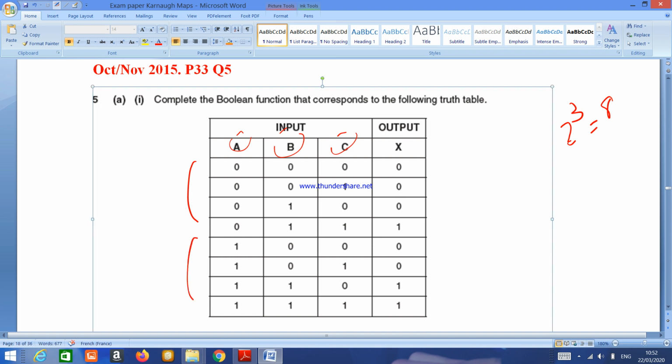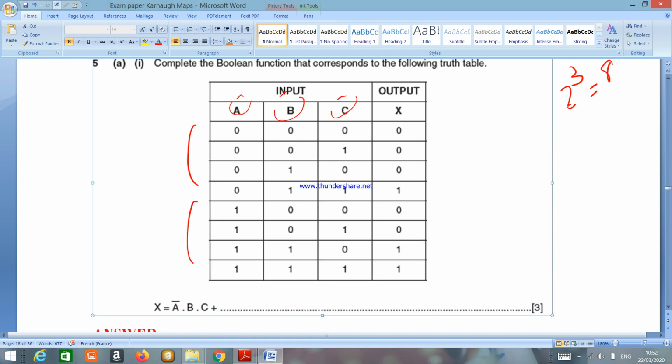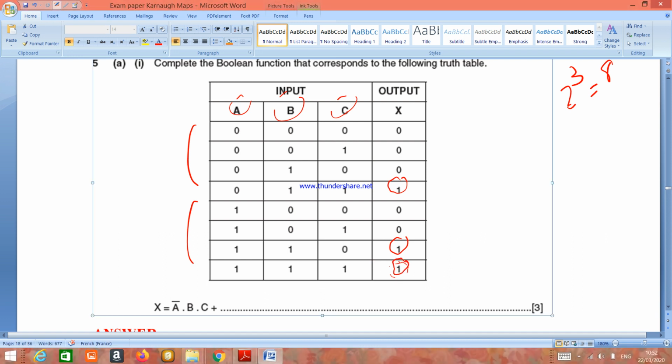Now let's look at the question. You have to write the Boolean expression. So what is given? The truth table is given and you are asked to write the Boolean expression. The output is 1 here, 1 here, and 1 here, which means you are going to have 4 parts in the Boolean expression.